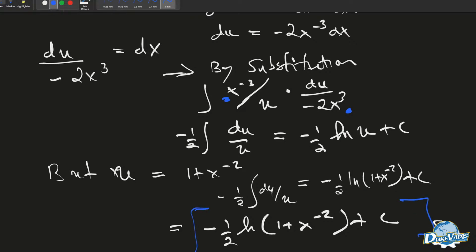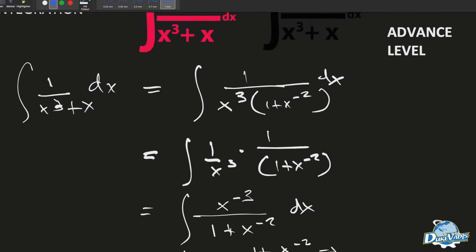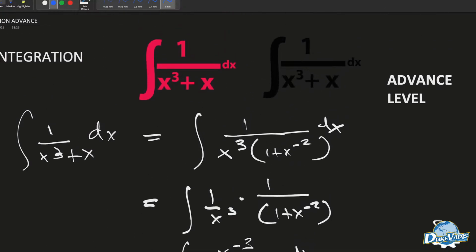Okay, now let me take my time to explain the process. First and foremost, this is the equation that we've been given: 1 over x cubed plus x.